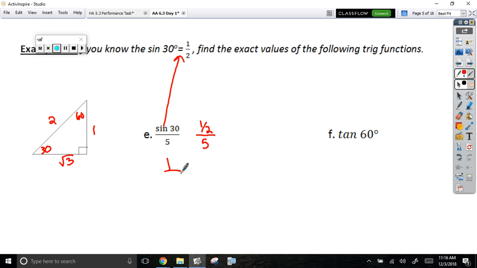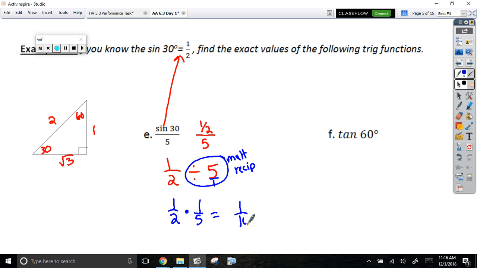So this is really 1/2 divided by 5. How do we divide fractions? We change division to multiplication of the reciprocal. So this will be 1/2 times 1/5, which will be 1/10. Another thing to think about is just kind of dropping the 2 into the denominator and then performing multiplication.